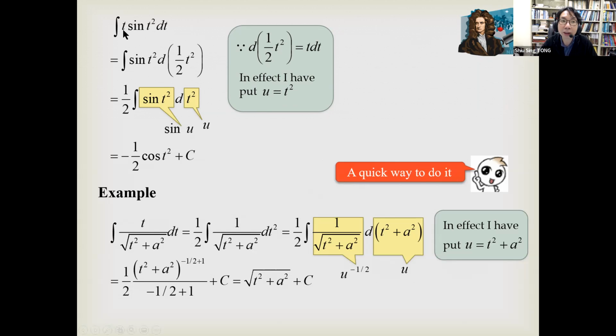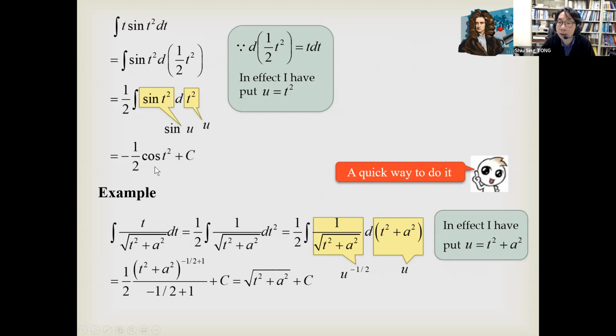So I just put the t into the dt, and I convert it into d of 1/2 t squared. And of course, I can pick the 1/2 out. And you can see the t squared here matches the t squared in the sine. And so that means I can integrate over.